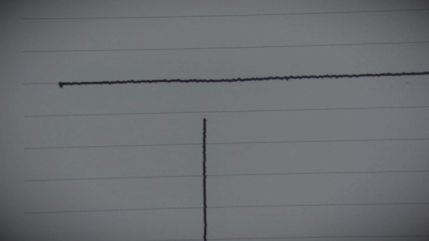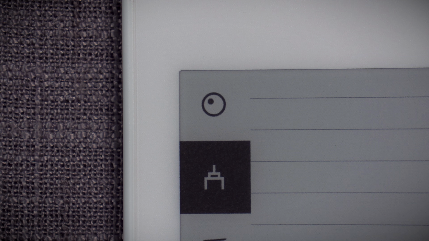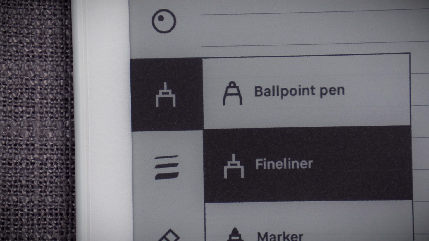But since we're now mentioning Remarkable 1, let's switch to it and see if it's present on the Remarkable 1. So here's my Remarkable 1, fine liner being used here as well. So I'm simply going to center around here and use that same surface to draw a straight line.